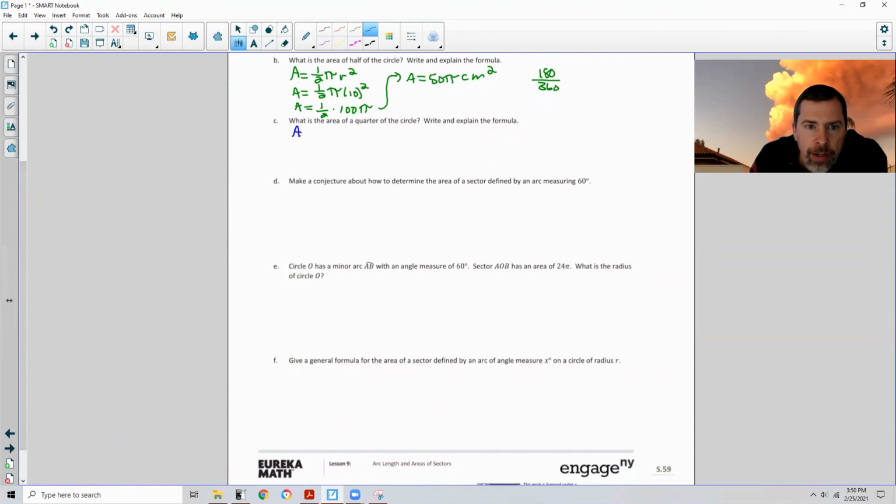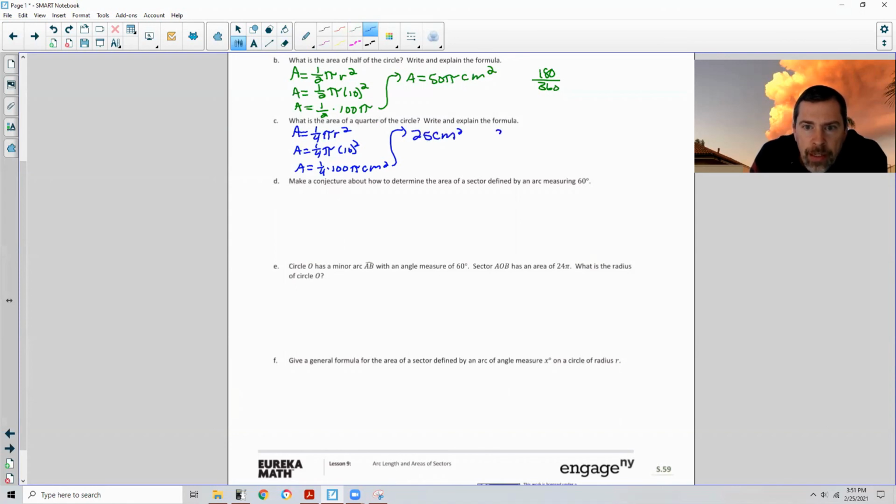So you'd say area equals 1/4 pi r squared. So substitute in our givens, 1/4 pi with a radius of 10 squared. So the area is going to equal 1/4 times that same 100 pi centimeters squared, and 1/4 of 100 is 25, not 25 pi, it is 25 centimeters squared.